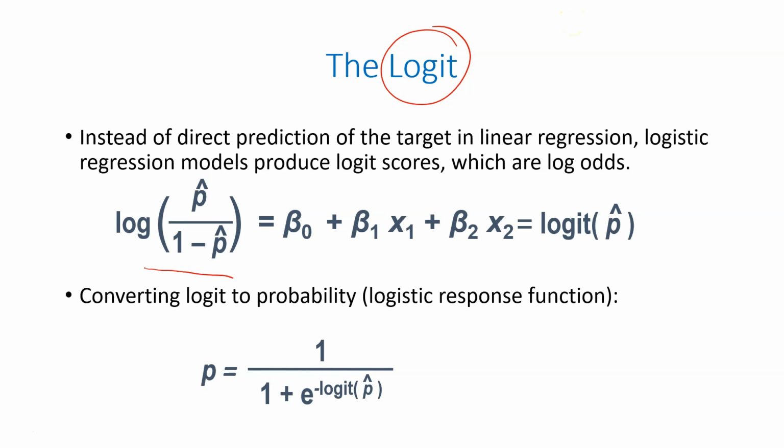So as you can see, although the function does not directly predict probability, we can actually convert the Logit score back to probability by reversing the transformations discussed before. For example, if we get a Logit score of 5 from the function, we can first convert it to odds by using the exponential function, or the exp function in Excel.